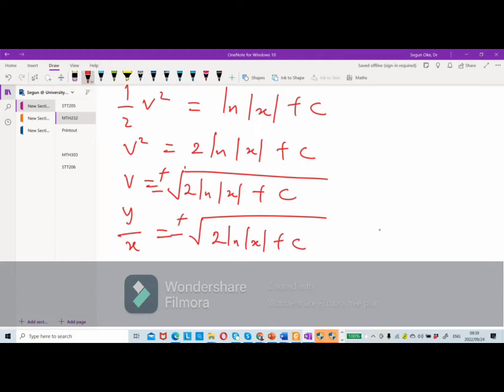So when you multiply through by x, you have plus or minus x square root of 2 ln x plus c. Any question?